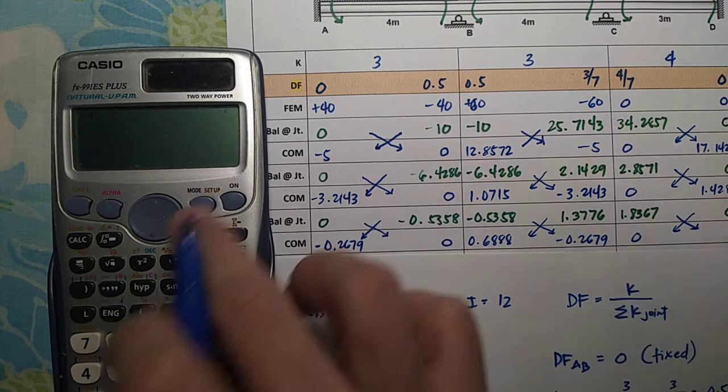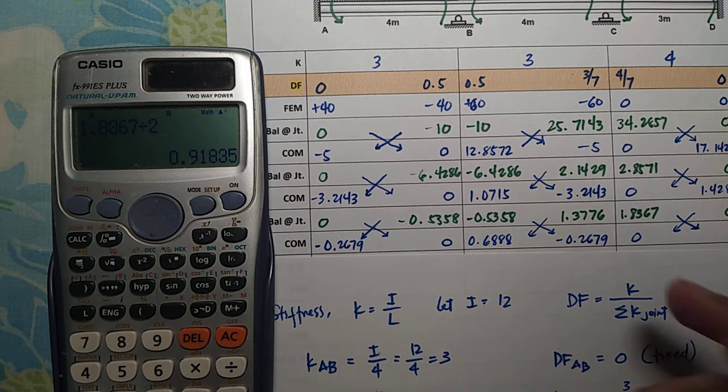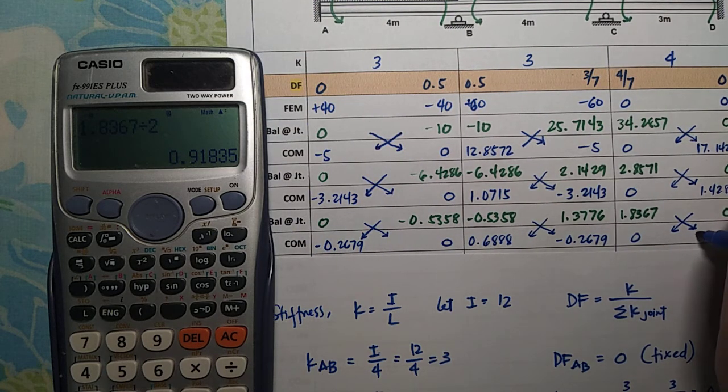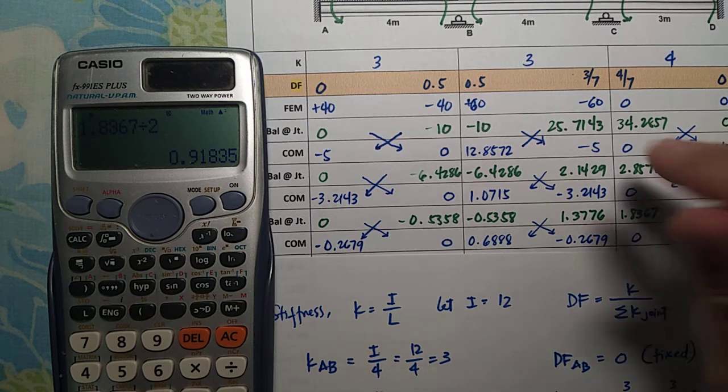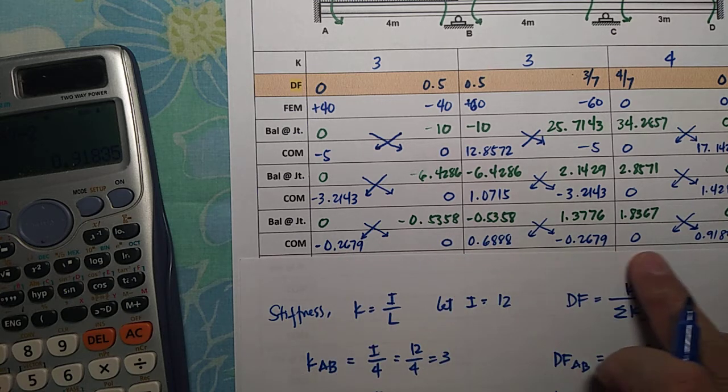Here, 1.8367 divided by 2. Laging divided by 2 kasi carryover moment natin is 1/2 or 0.5 or divided by 2. That is applicable whenever we have prismatic section. So here is 0.9184. Okay, so as you can see, lumiliit na yung mga COM natin, no? Point something na lahat sila.